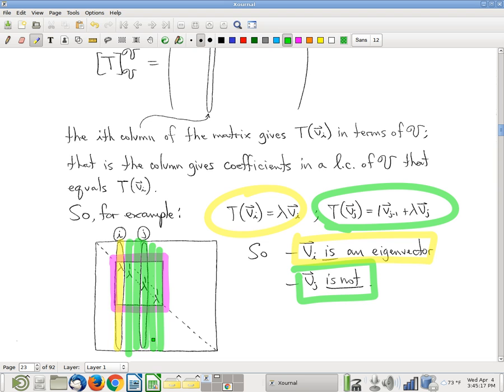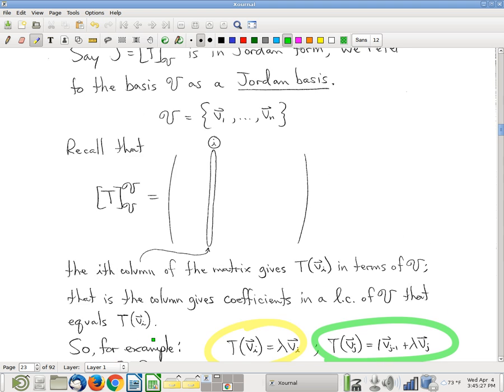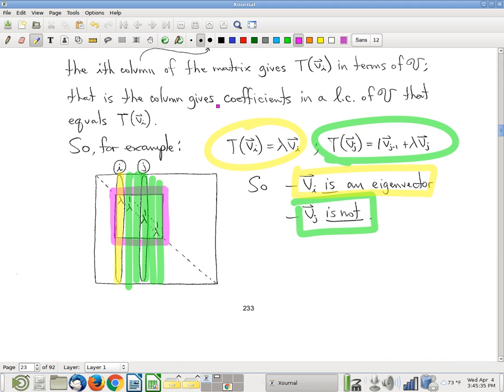Anytime you have a basic Jordan block, this following pattern is always going to hold because of what we just talked about. That basic Jordan block will correspond to some subset of your Jordan basis vectors.